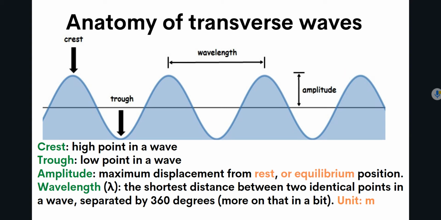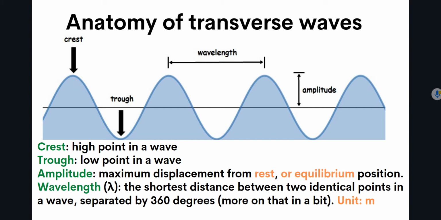So that is amplitude. Wavelength is another quantity that we need to know and be able to measure. It is a length of a wave, so it is measured in meters, just like every other length would be in physics. And this is the length that would incorporate an entire wave.